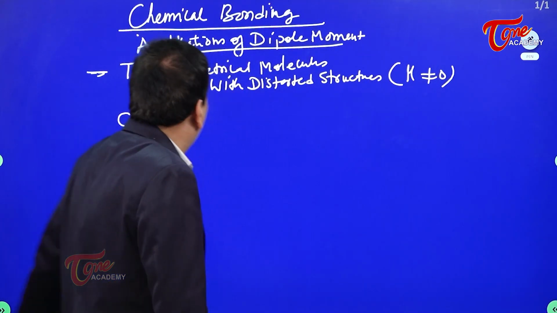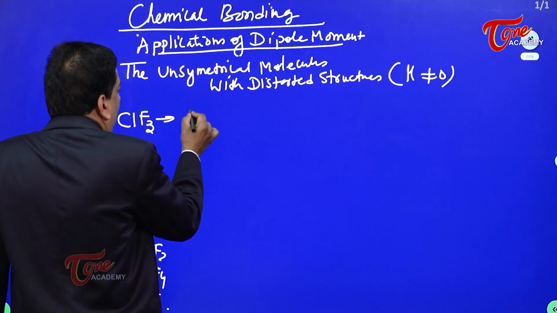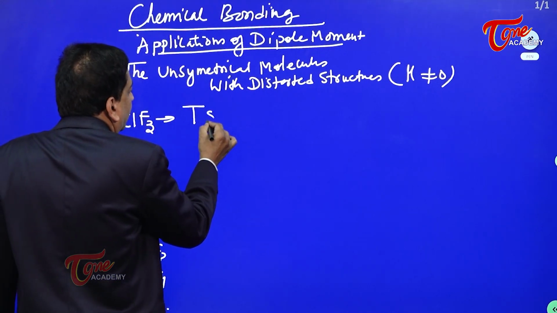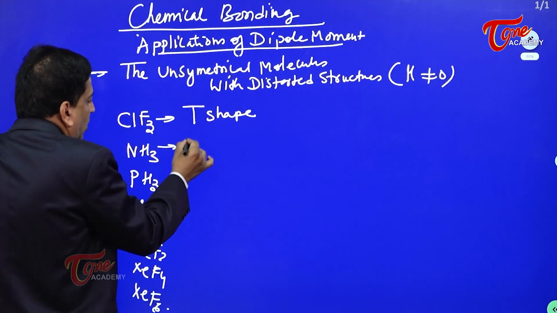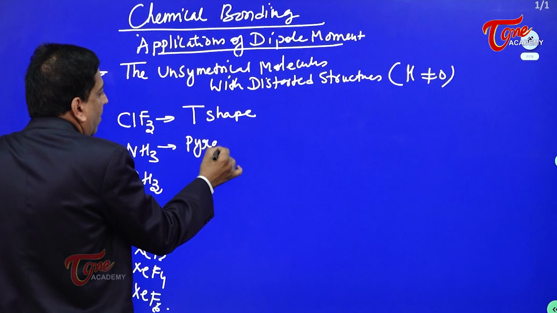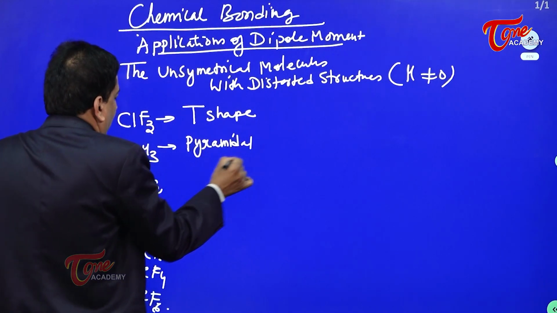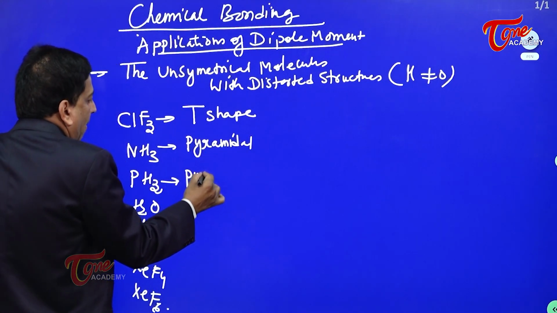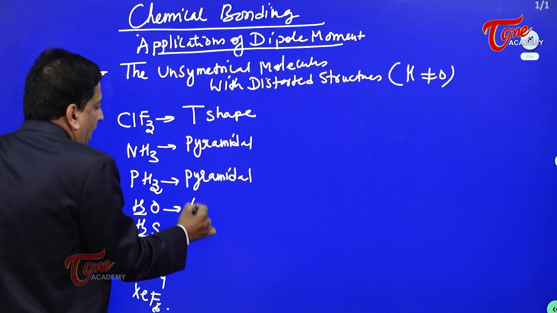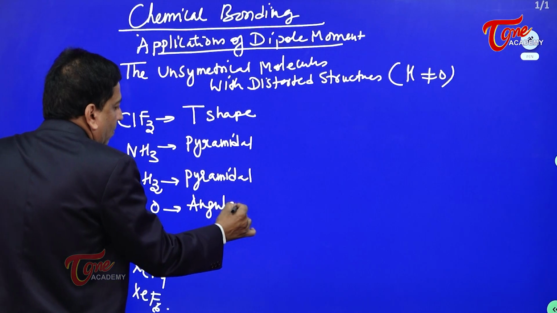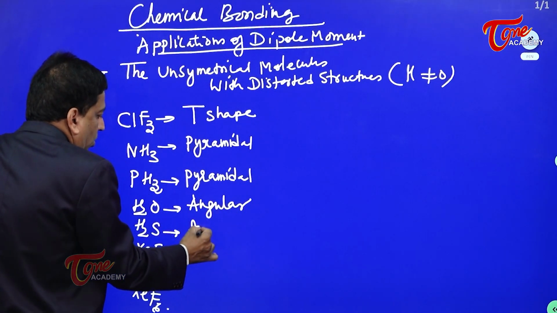Now, what are its structures first? This has a T shape. This has pyramidal. This also has pyramidal. This is angular. This is also angular.